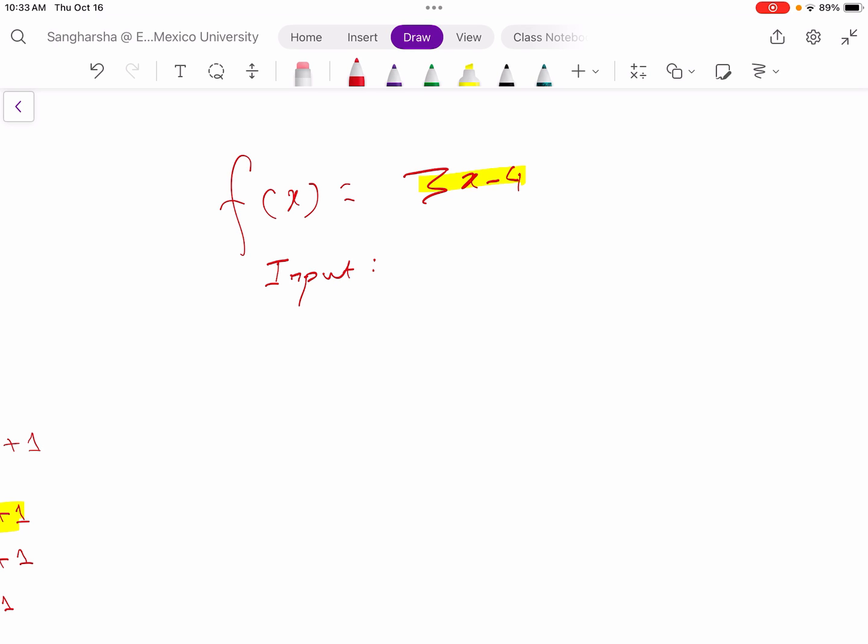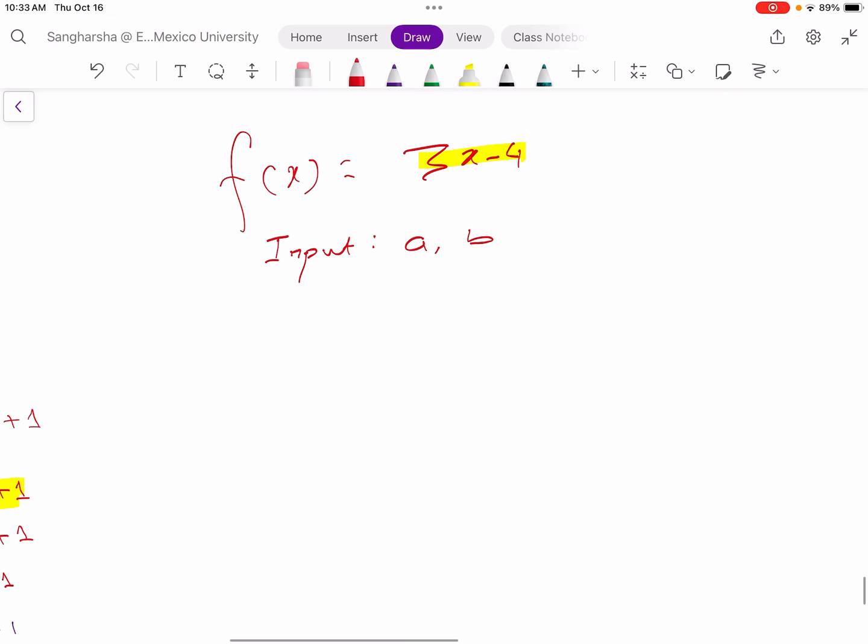You can call them anything, so let me call them A, B. So we have two different inputs, A and B. Now we assume that the output for both of these inputs is exactly the same. That's our assumption. How do we write down the output for input A?